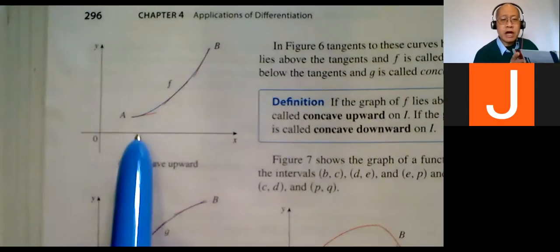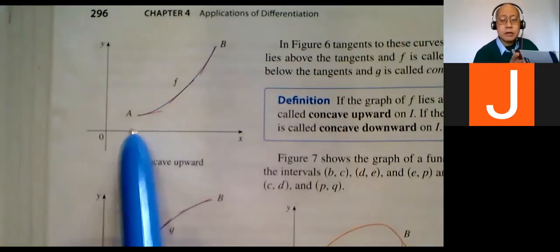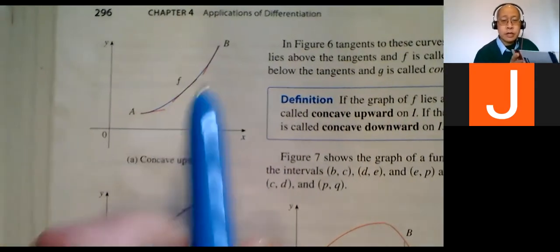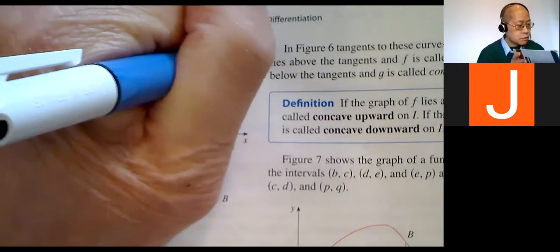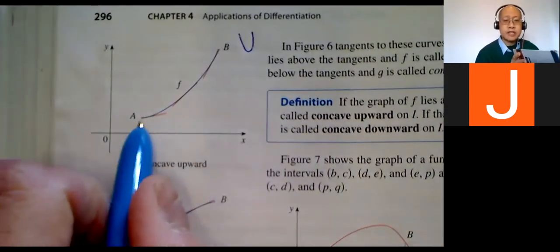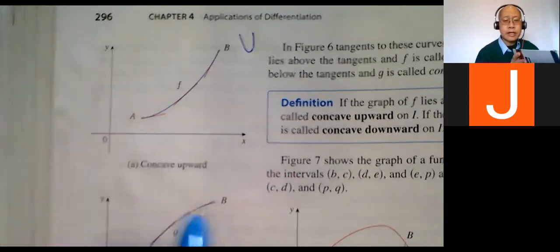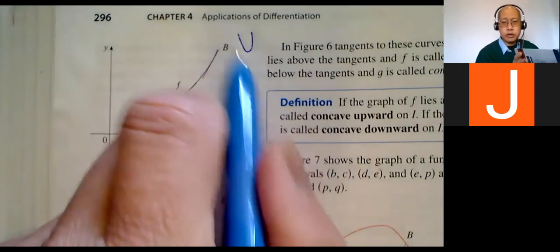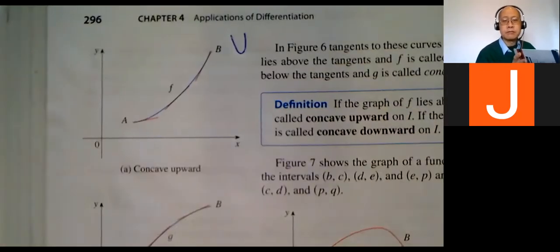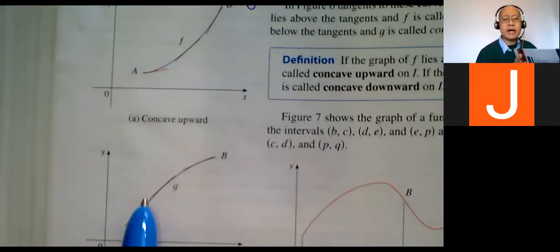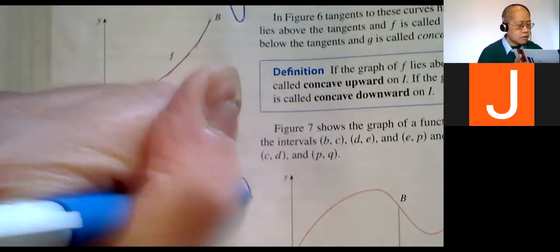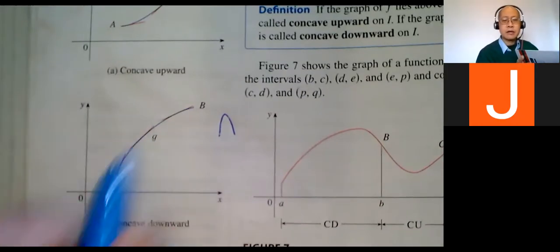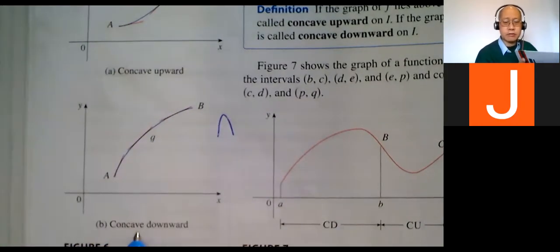If the graph is curving like the letter U, imagine the letter U. It's curving the same way the letter U would. That's considered concave up. An easy way to remember is U shape, concave up. If the graph is generally going in an upside down U fashion like that, that's considered concave down.